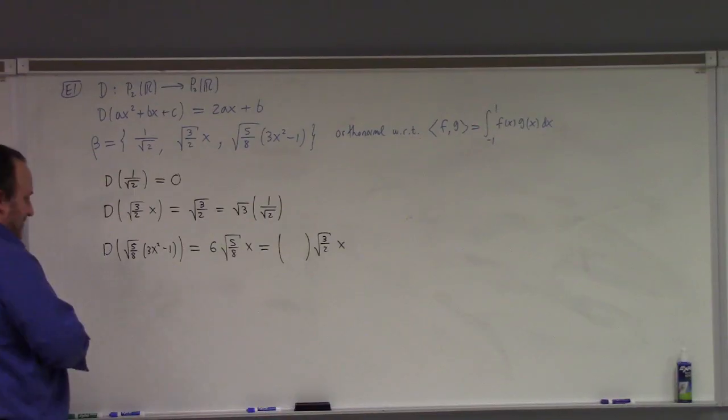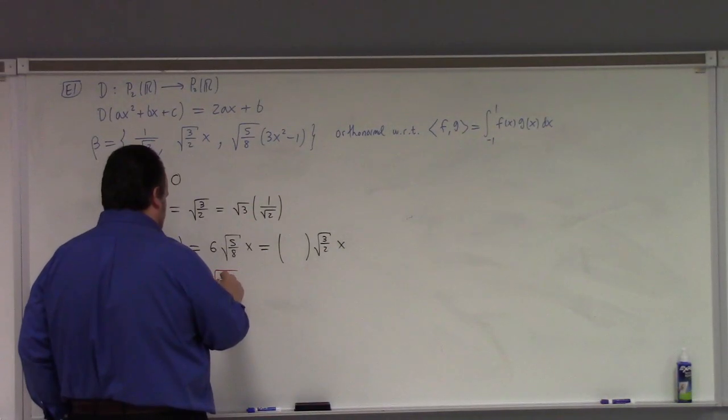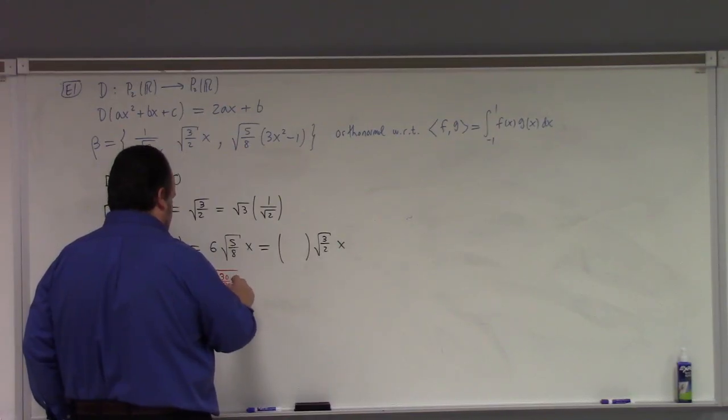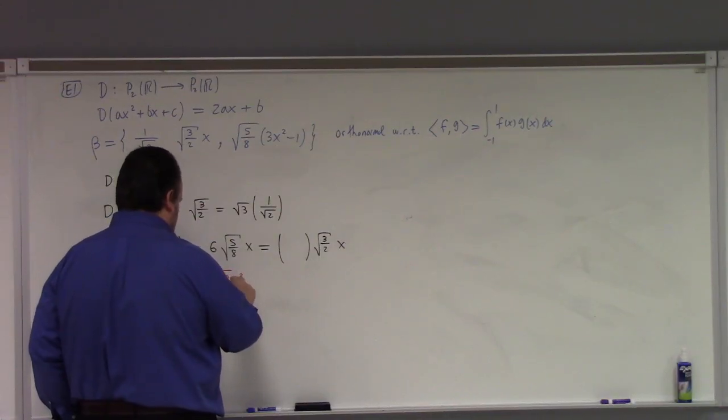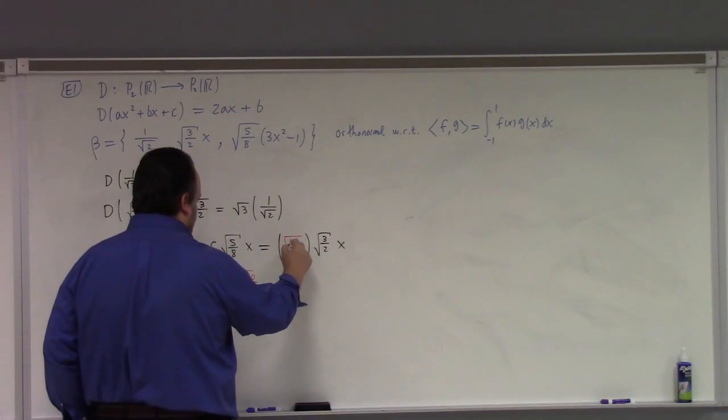I'm trying not to do too much stuff in my head. This is the square root of 30 over 8, right? Which is square root of 3 times 10 over 2 times 4. So I think I have the square root of 10 over 4 here, right?